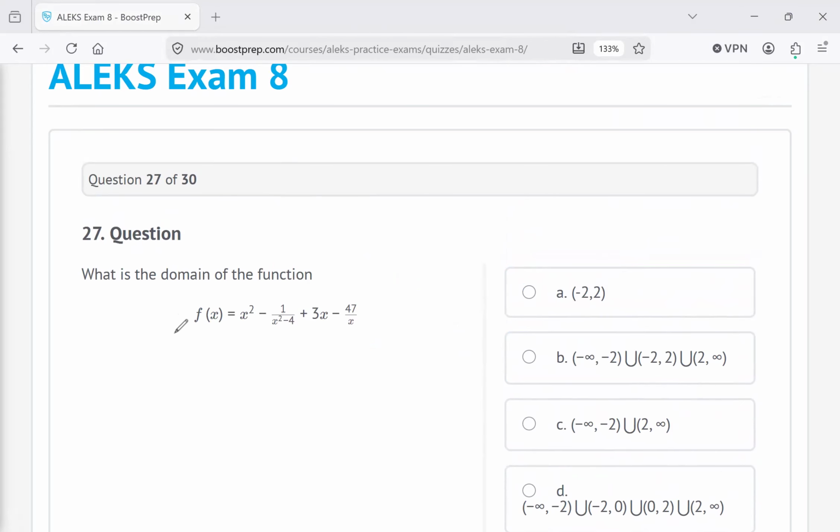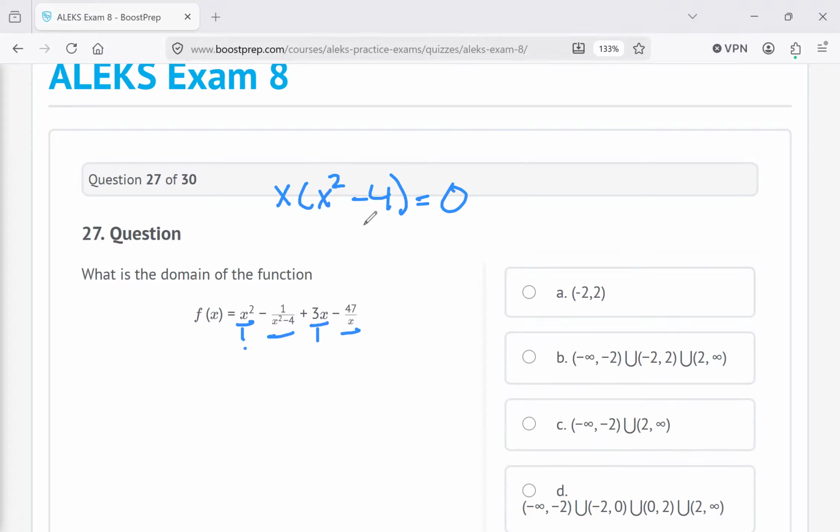27. What is the domain? So how do you find the domain? You kind of have to just set the denominator to zero and solve for x. That's basically it. But you got to find the LCD. This is a base of 1. This is an x squared minus 4. This is a base of x. So really, it's just x times x squared minus 4, right?